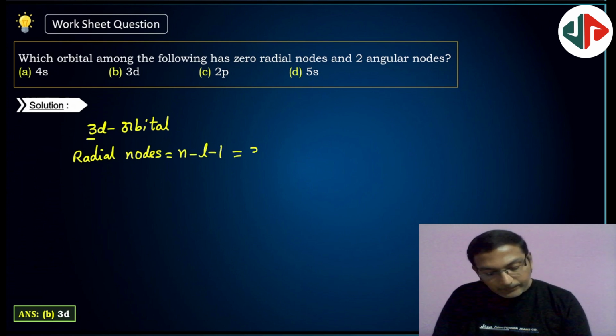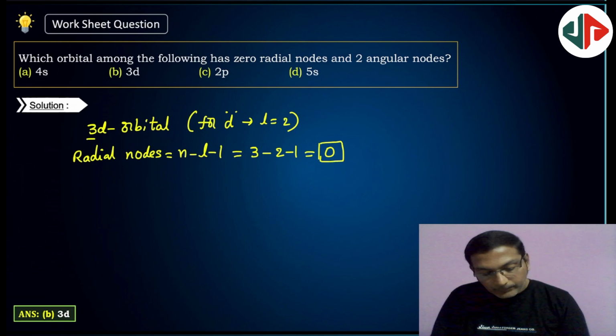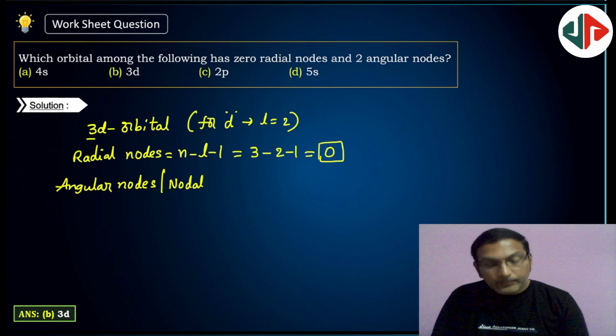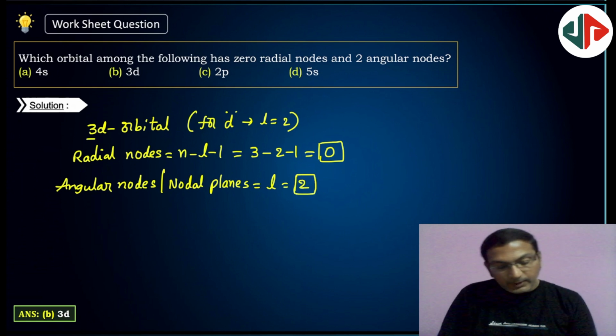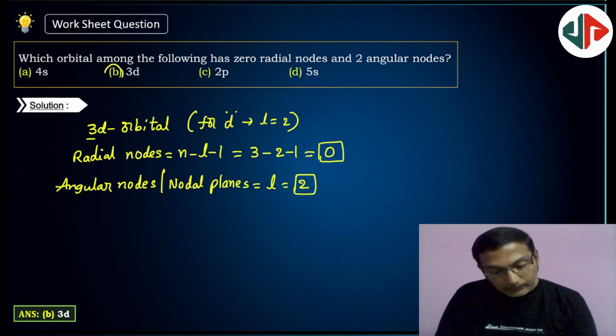So n is 3. And for D, L equal to 2. 3 minus 2 minus 1, that is 3 minus 3, 0. Next, angular nodes, or we can say nodal planes, equal to L. L value is 2. Therefore, option will be B. 3D.